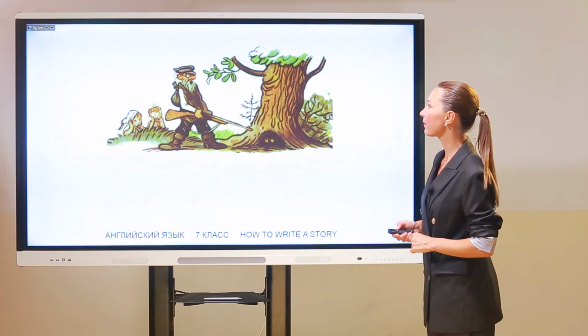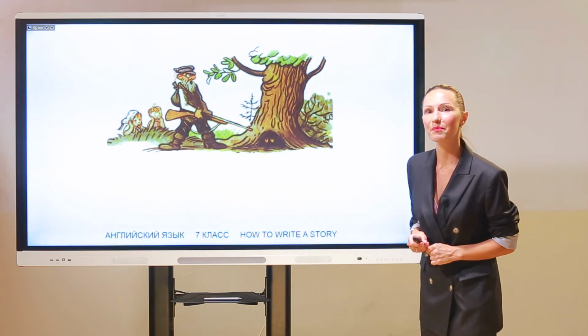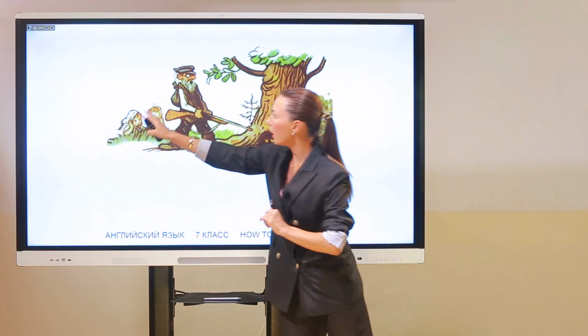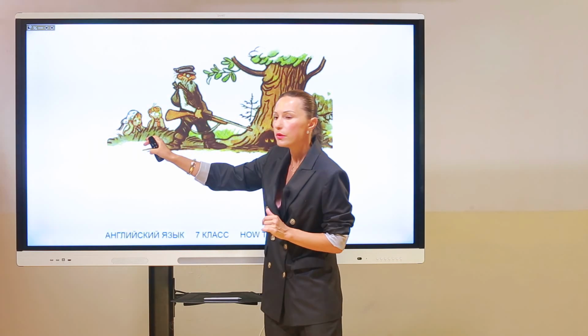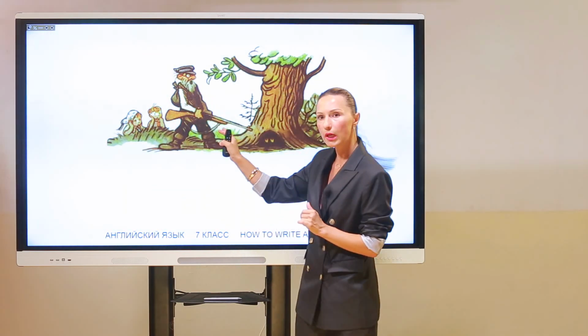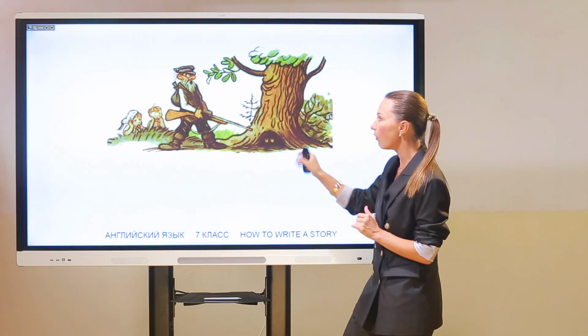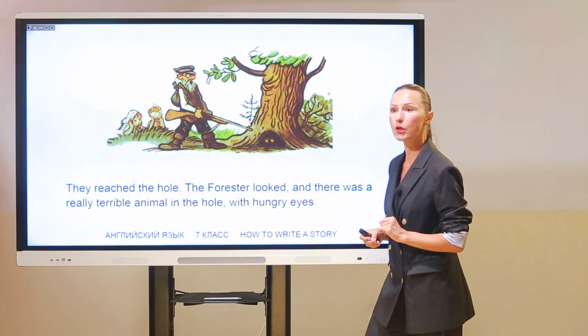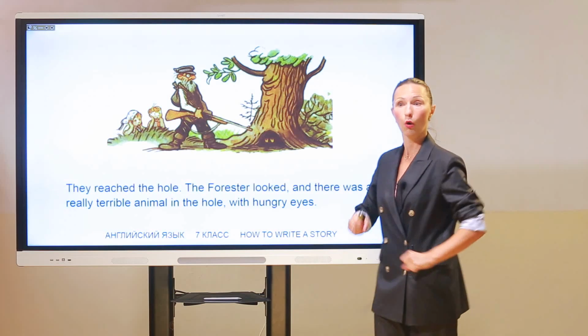Next one. What happened here? The same, okay? Look at the guys. What do they feel? Look at the forest, the hole. Probably the same. We'll check the sentence, okay? They reached the hole.